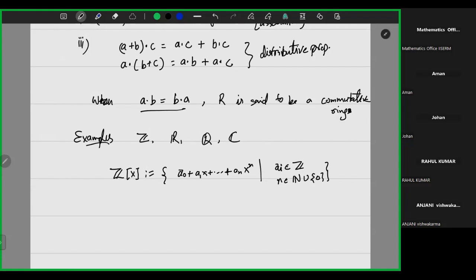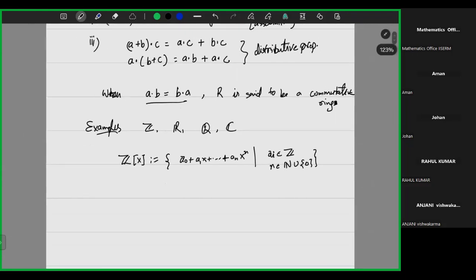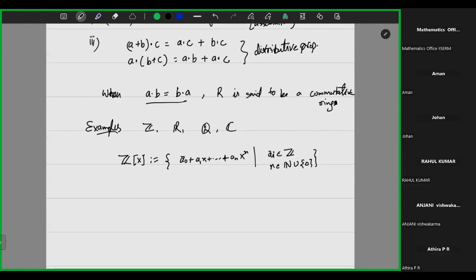There are rules to add two polynomials and multiply two polynomials that you have seen in the classroom, so I'm not recalling that part. If you have, let's say, p(x), a polynomial, and q(x), a second polynomial, and you want to add them, you just add them degree-wise.